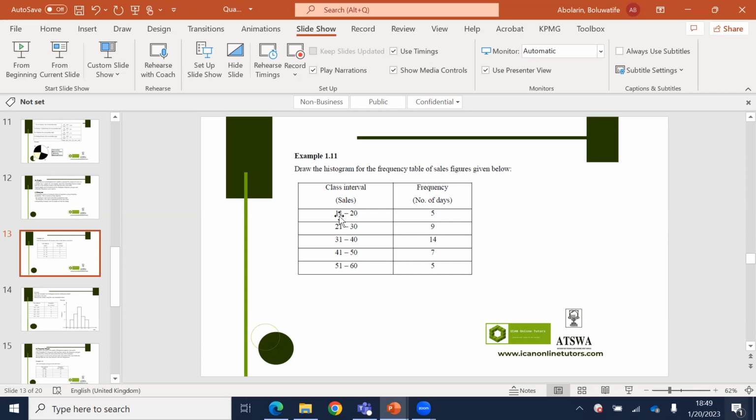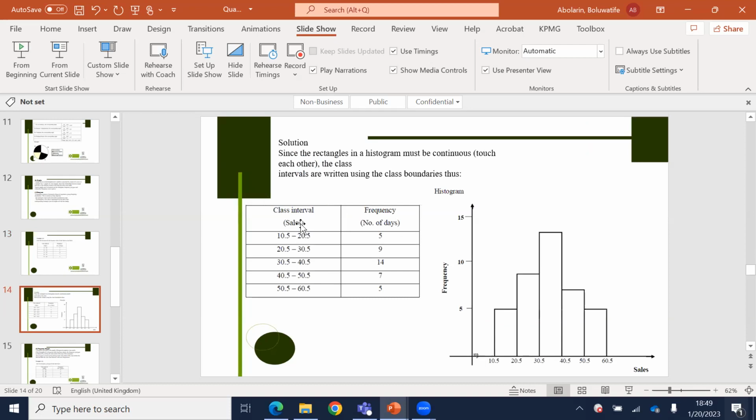So 11 minus 0.5 will be 10.5. All the ones you see here are the upper boundaries. The first one is 20, so you add 0.5 to it, it will be 20.5. Go through your notes later on. So that's what you are seeing here, the class interval.